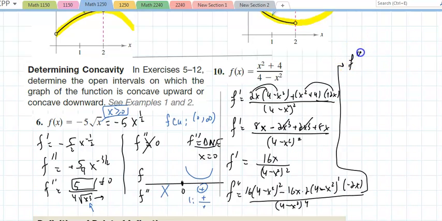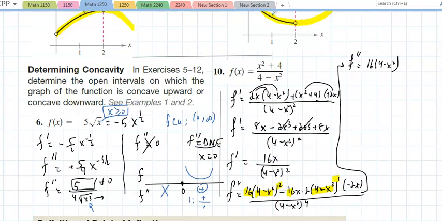The second derivative would be, and here it will be easier to factor the 16 and the 4 minus x squared. So it's easier to take 16 out of both of those and that to the 1 power.